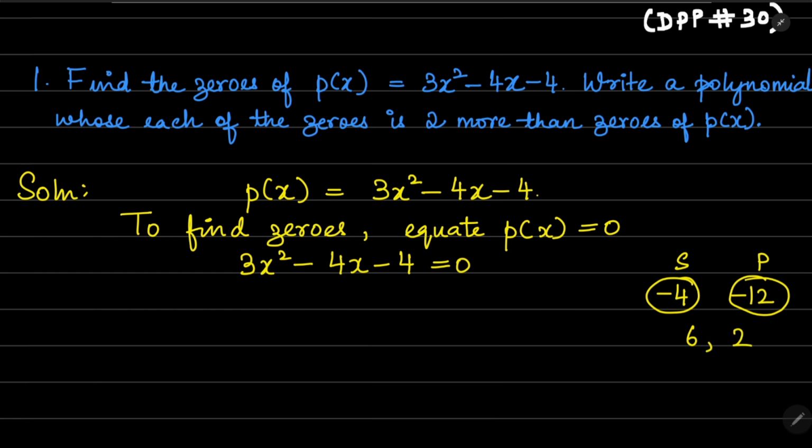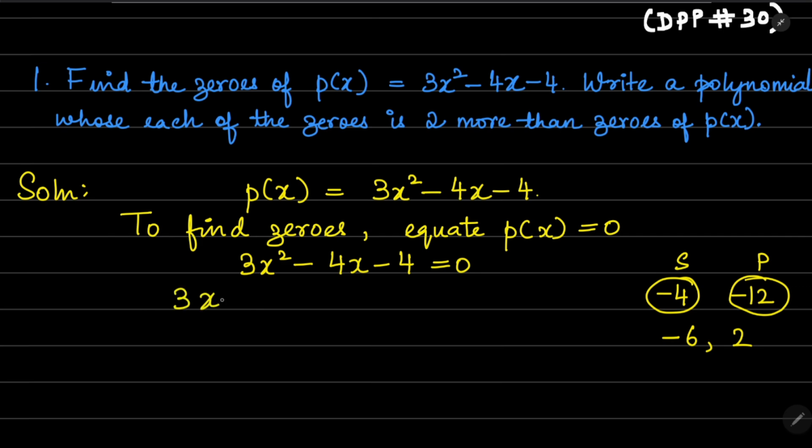The minute I see 12, I write 6 2s are 12. So where should I put a negative sign such that my sum will be minus 4? It is to the bigger number. So minus 6 plus 2. Minus 6 plus 2 will give you minus 4, and minus 6 multiplied by 2 will give you minus 12. So these are the two numbers for your middle term splitting.